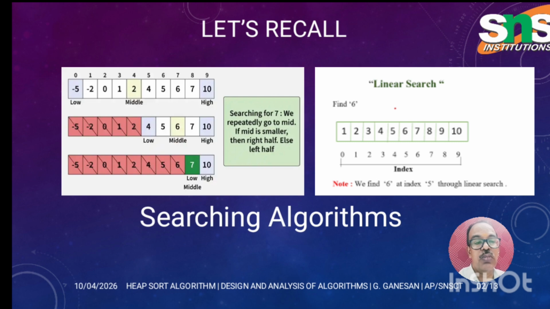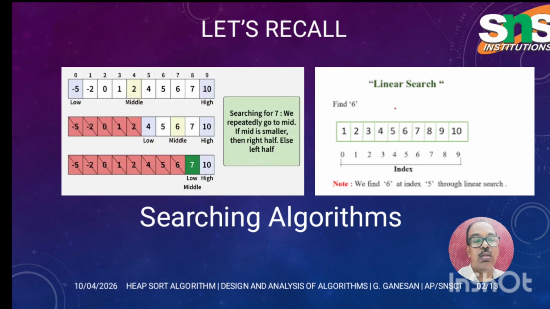We start the search from the first element, then we follow one by one up to the element we want to find. So it takes a long time to get the element because this search goes one by one in a sequential way.